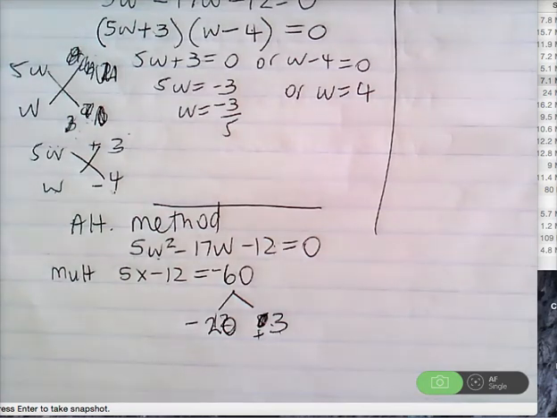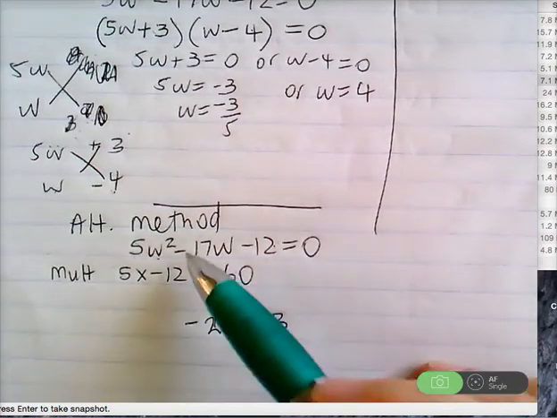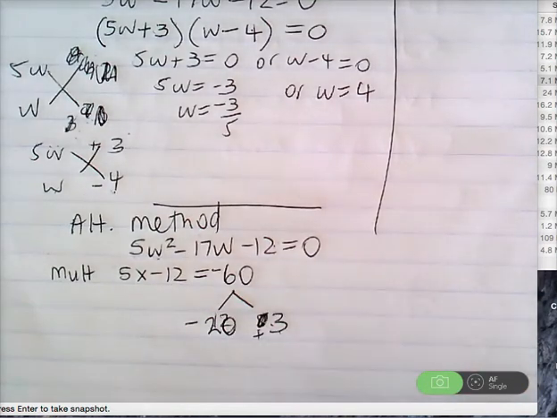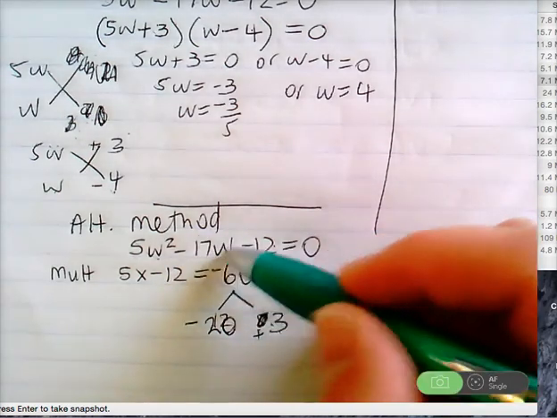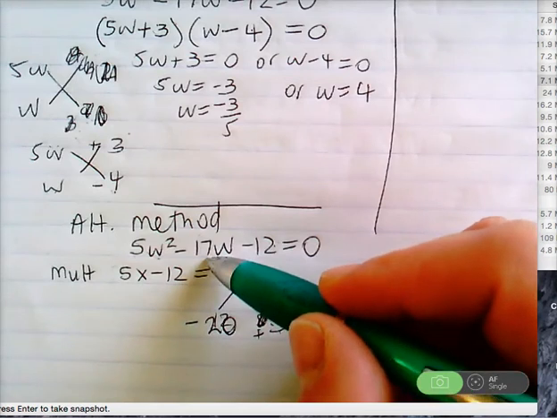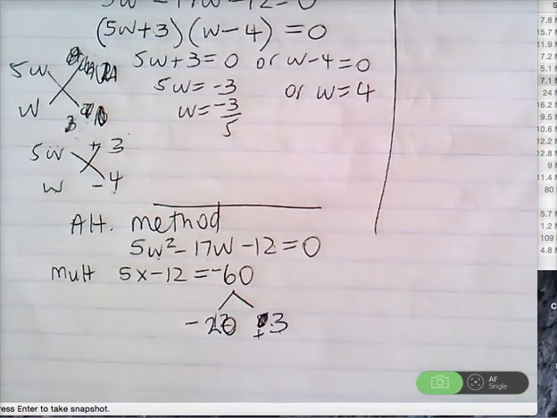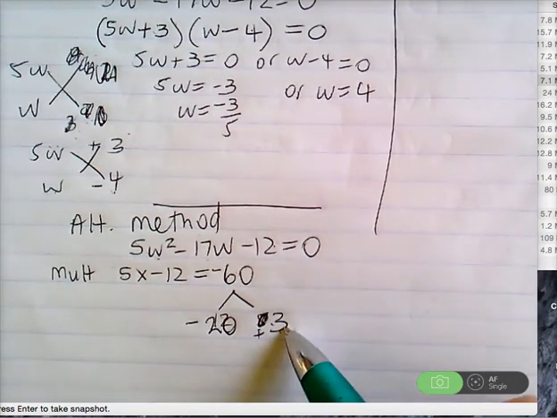Negative 12 and positive 5 wouldn't work because it adds up to negative 7, not negative 17. So it's got to be negative 20 and plus 3.